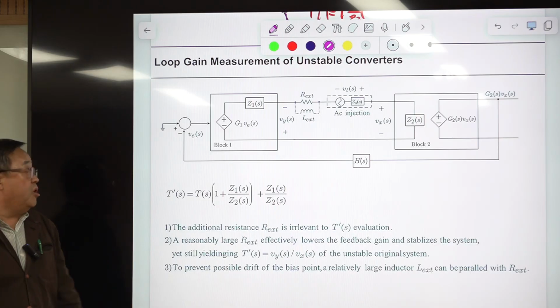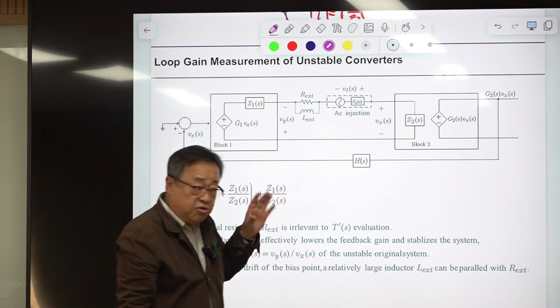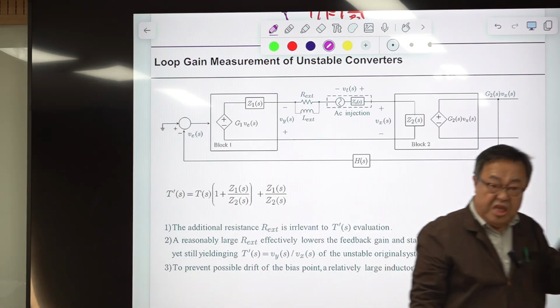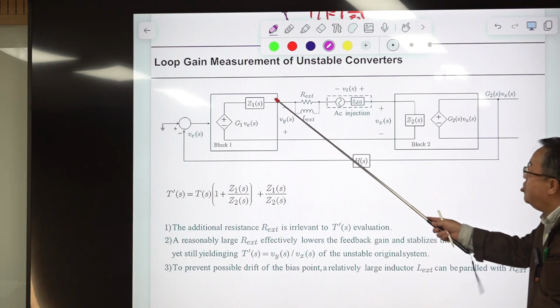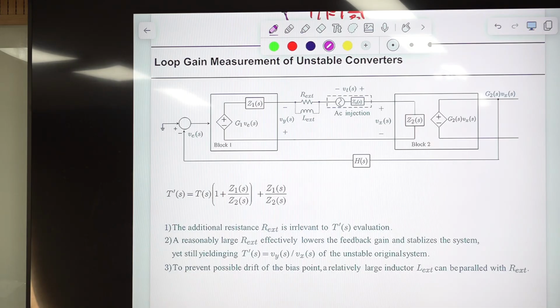If you have an unstable system, you are very eager to measure the loop gain because you want to find out the origin of instability and to fix it. For that purpose, if you reduce the feedback gain somewhere here, then the system will be stabilized. That information is available from this experiment.